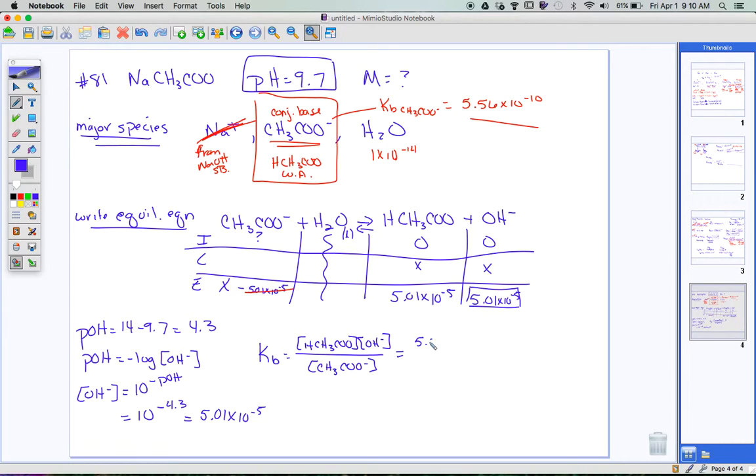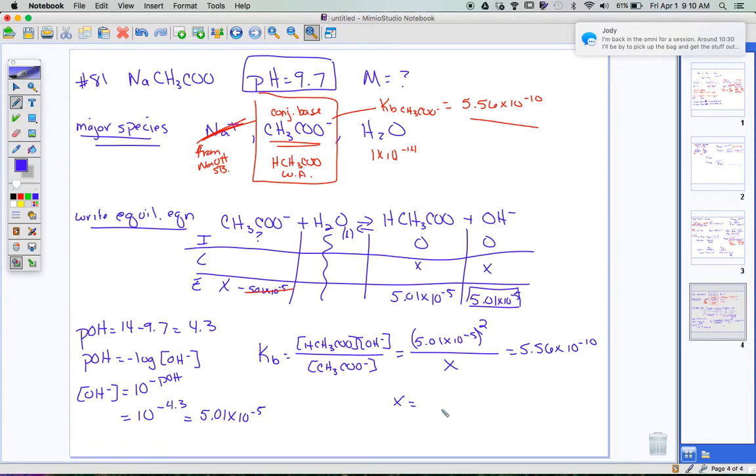So we have 5.01 times 10 to the negative fifth. This will end up being squared over X, and that's going to equal 5.56 times 10 to the minus 10th, which is our Kb. So when we solve for X, X ends up being 4.5.